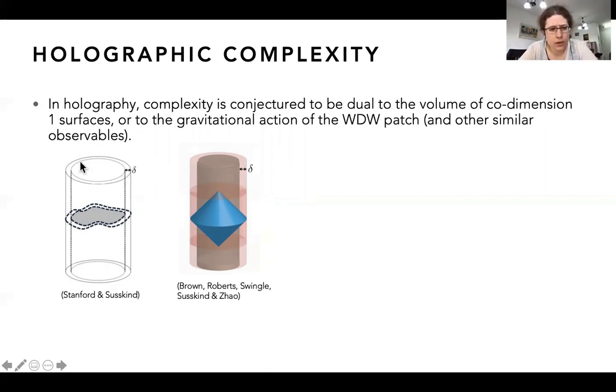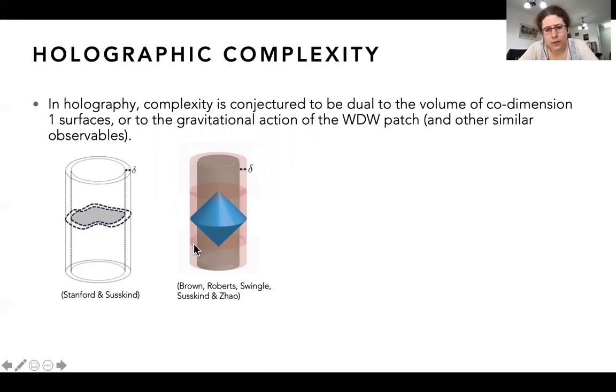The two proposals that got the most attention: the first suggested that the complexity is dual to the volume of a maximal slice, which is anchored at the boundary time where the state is defined.